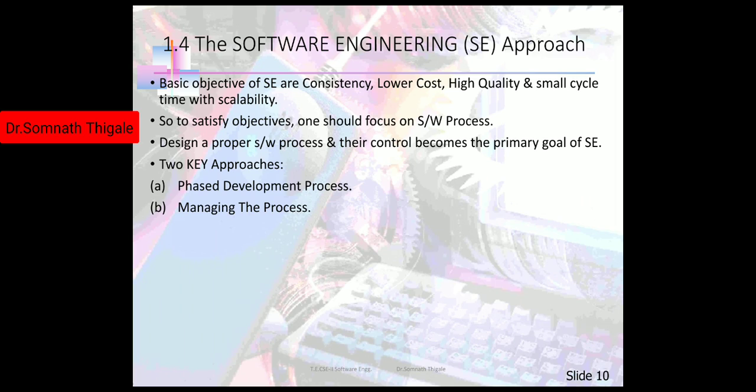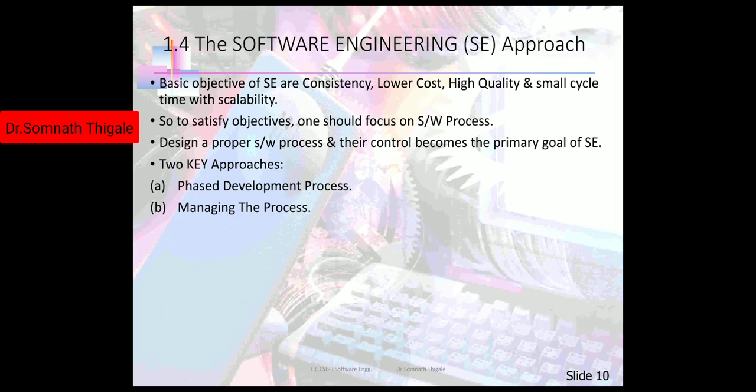The basic objectives are consistency, lower cost, high quality and small cycle time, meaning less time span and high quality at lower cost, consistent and scalable. These are the basic objectives behind the software development or software engineering process.